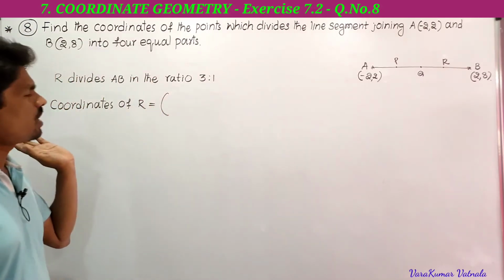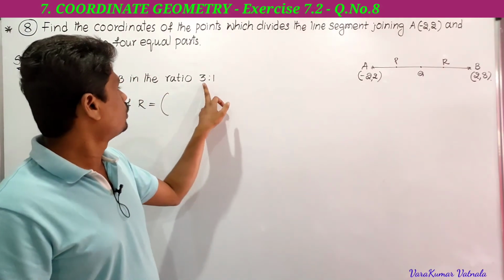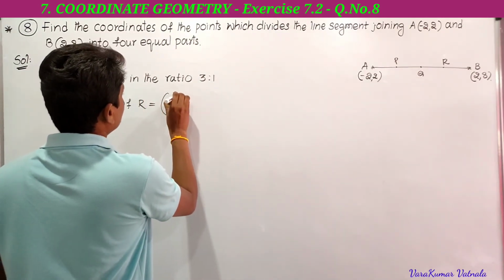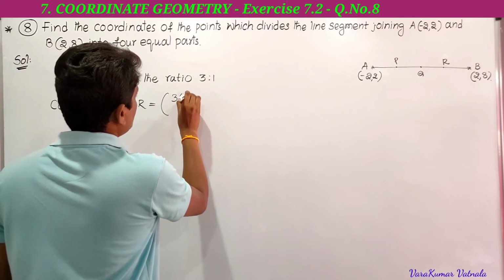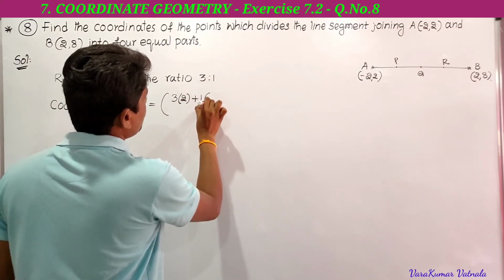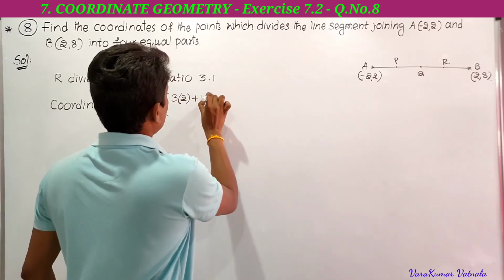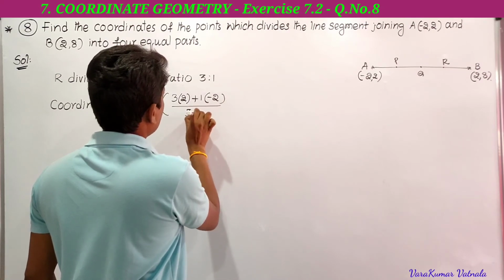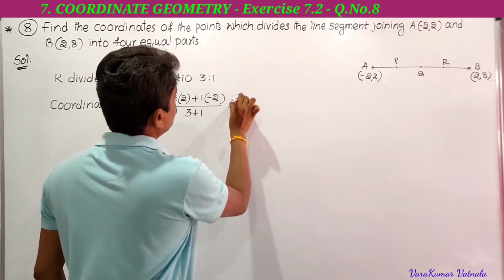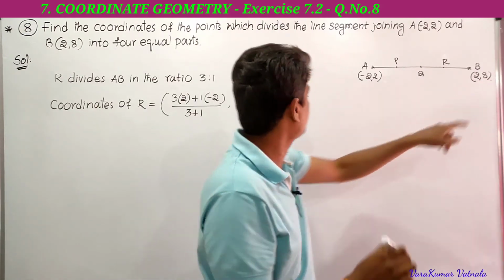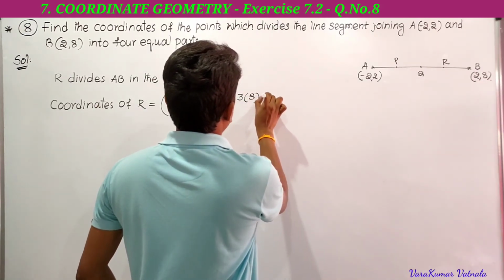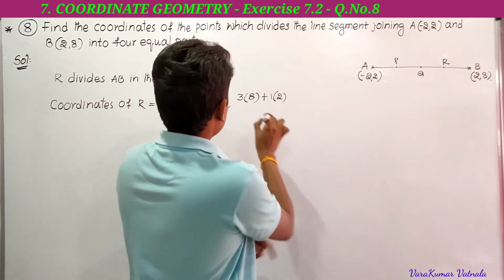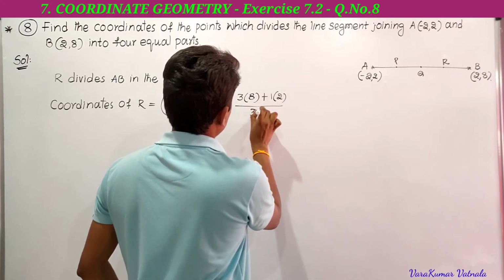So the coordinates of R is equal to m1 x2, m1 is 3, x2 is 2, 3 into 2 plus m2 x1, m2 is 1, x1 is minus 2, by m1 plus m2, m1 plus m2 is 3 plus 1, comma m1 y2, that is 3 into 8 plus m2 y1, m2 is 1 into y1 is 2, by m1 plus m2, again 3 plus 1.